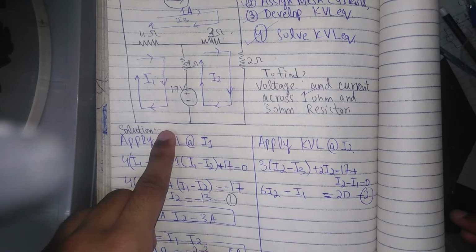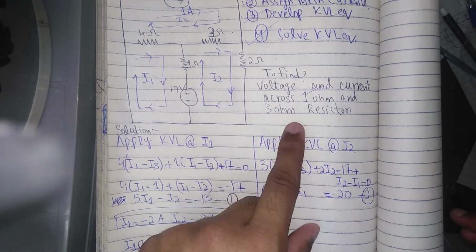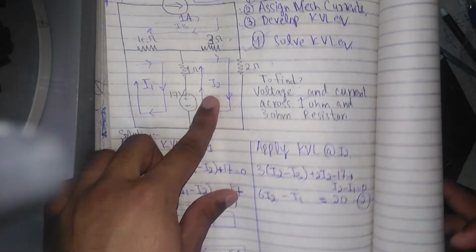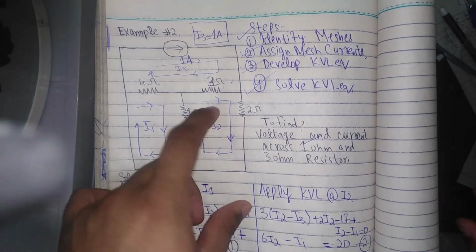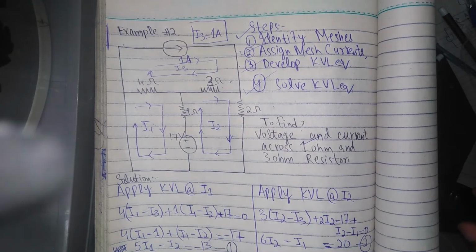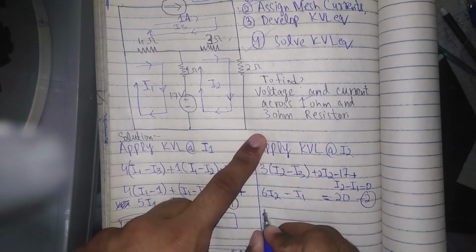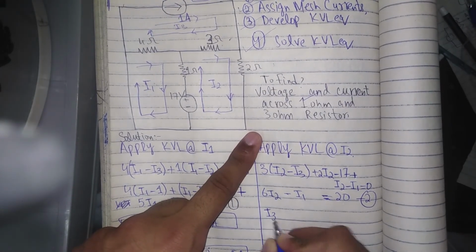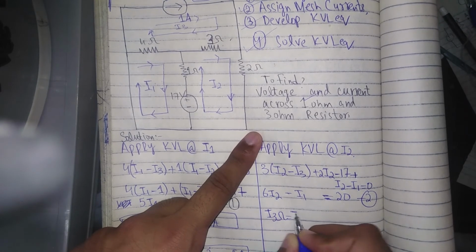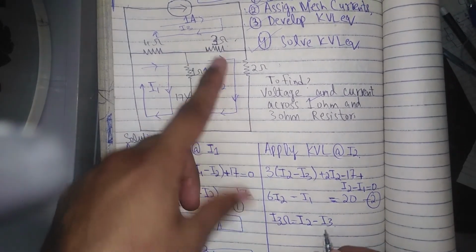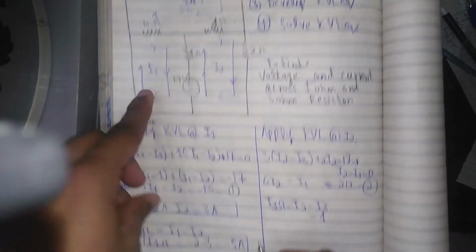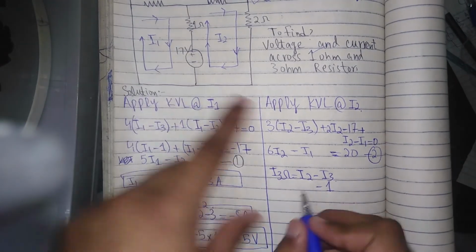Now we will find voltage and current across the 3 ohm resistor. So students, across the 3 ohm resistor, two currents are flowing, I3 and I2, but both are in opposite directions. So we will write I across 3 ohm is I2 minus I3. I3 is 1 ampere and I2 we found as 3 ampere.